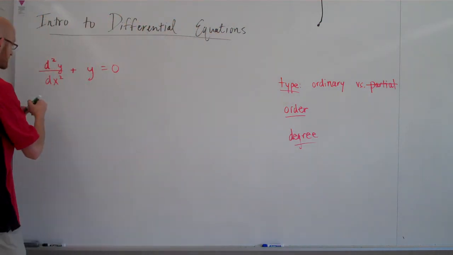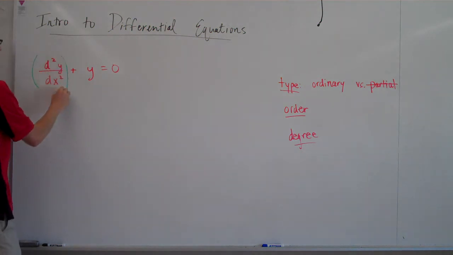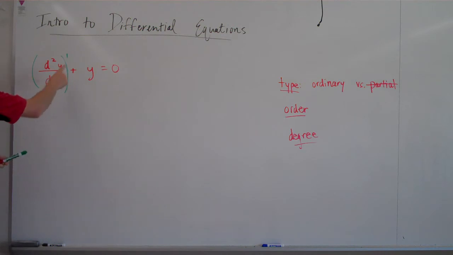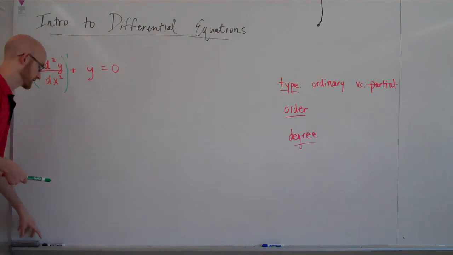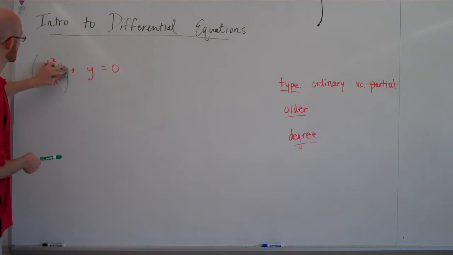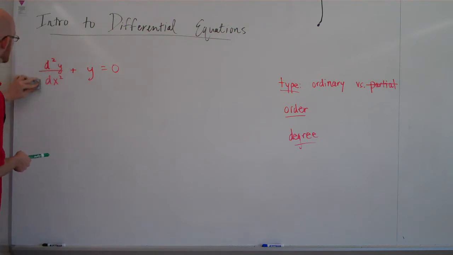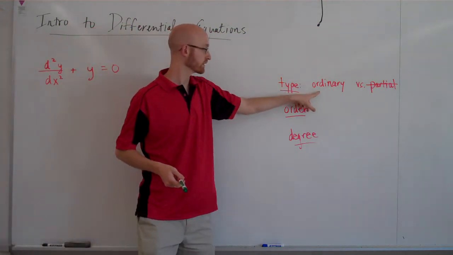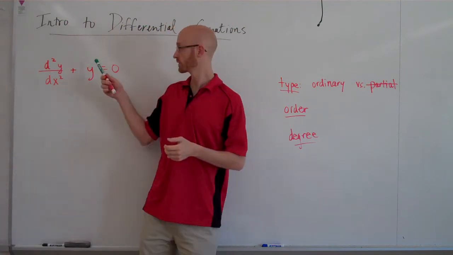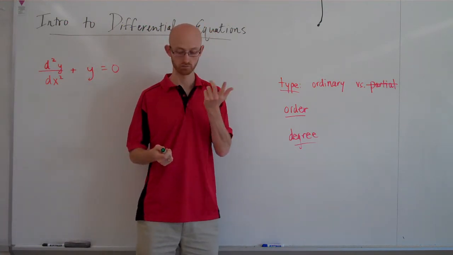So in this case, technically, this is all raised to the first. So we would say this is a degree 1 differential equation because this is the highest order derivative that's here, and the power of that is 1. So this would then be an ordinary differential equation, order 2, degree 1.